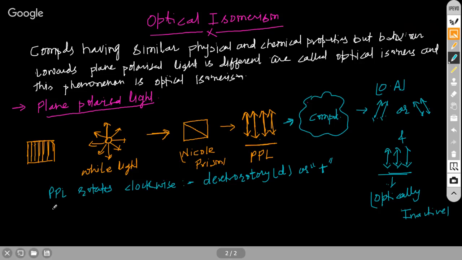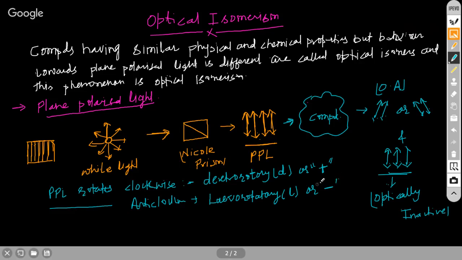If the PPL rotates anti-clockwise, it is called levorotatory, that is small l, or we call it minus.